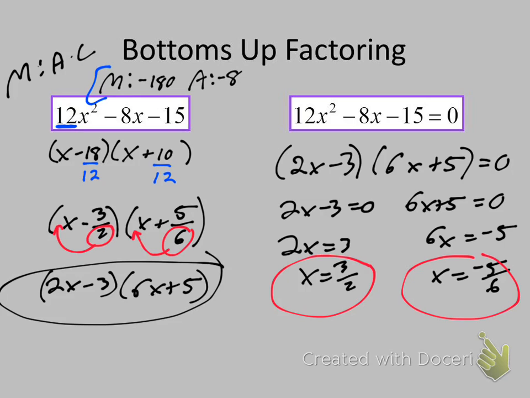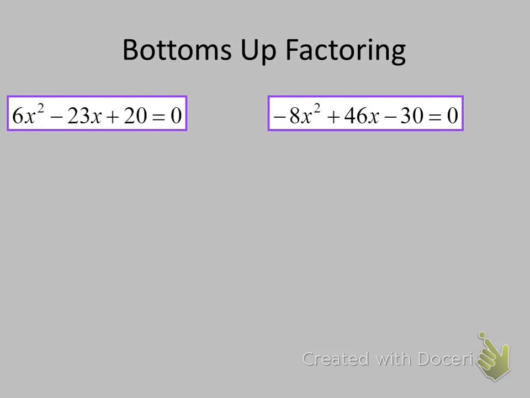So last time, what's your multiply number? 120. What's your add number? Negative 23. So multiply number is now 120, add number negative 23.